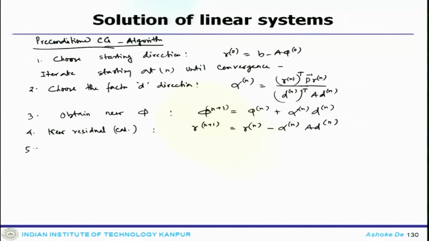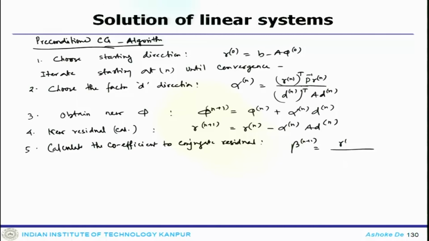Then you calculate the coefficient for the conjugate residual, like beta n plus 1 equals R n plus 1 transpose R n plus 1 divided by R n transpose R n.